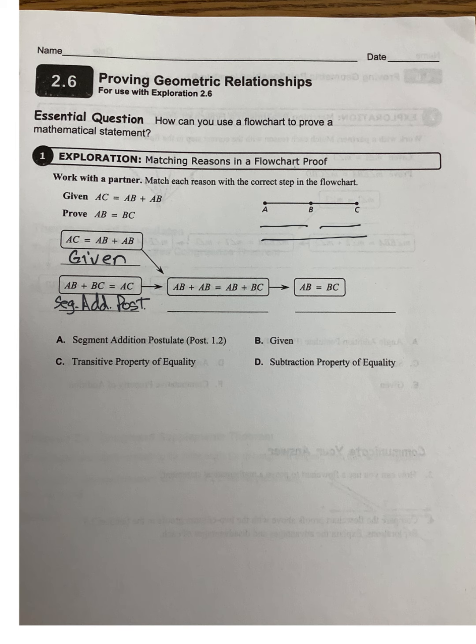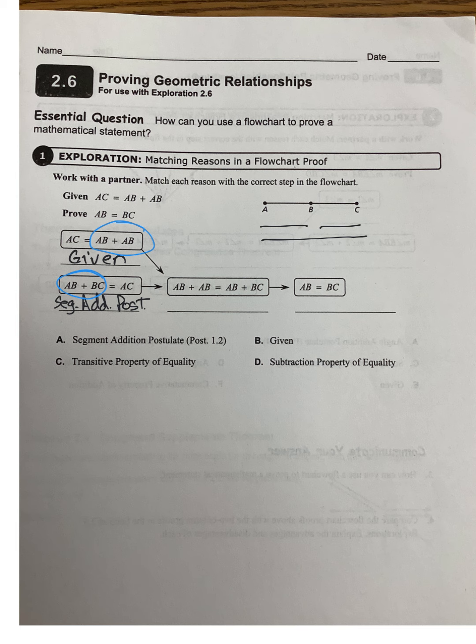Now notice you have the given and that statement with arrows coming from them to the very next thing. So those 2 things together, we have AB plus AB, which happens to be that one there. And then it's equal to AB plus BC, this one here. Now, if you didn't have these given choices down at the bottom, you might look at what I just circled and say, oh, this next point needs to be AC equals AC.